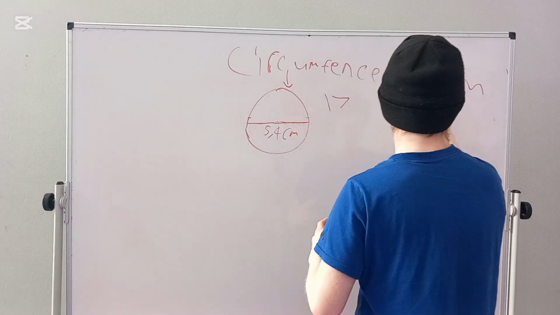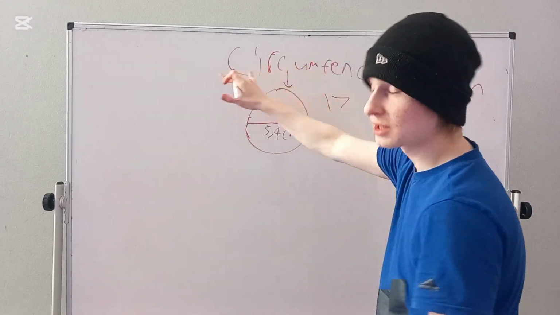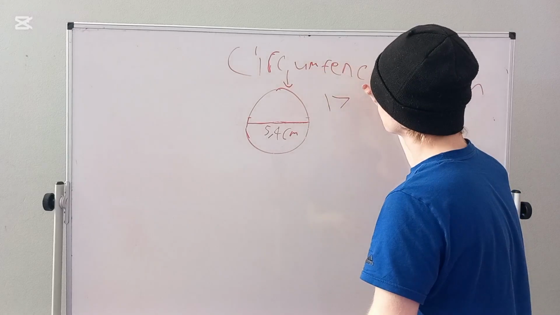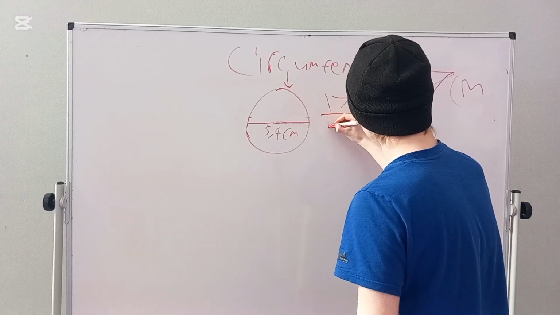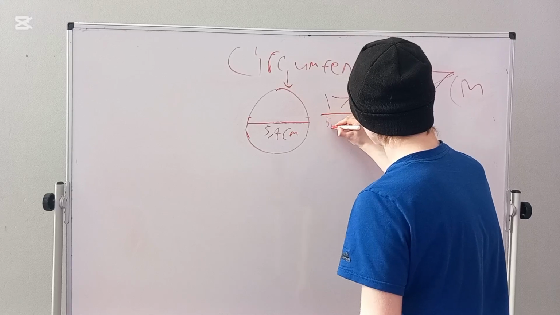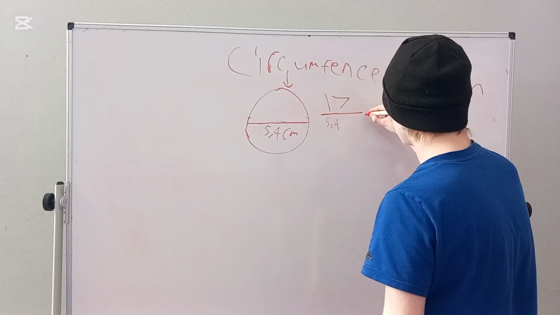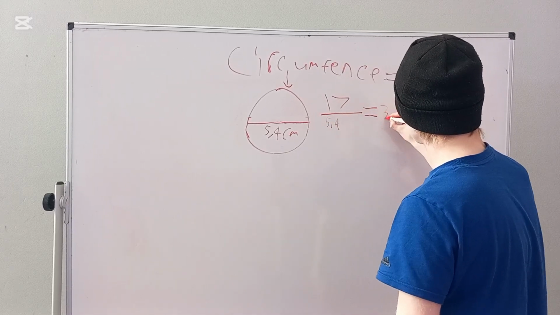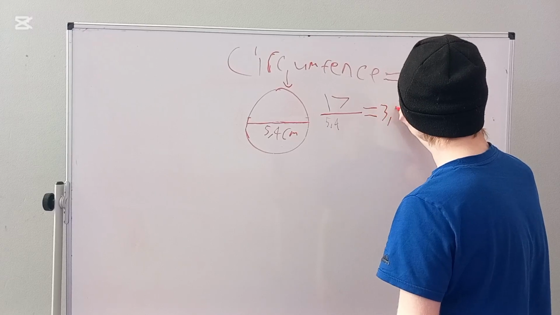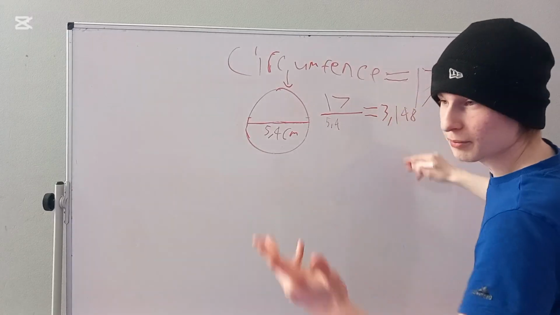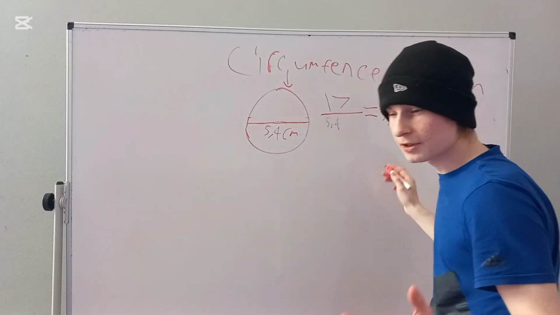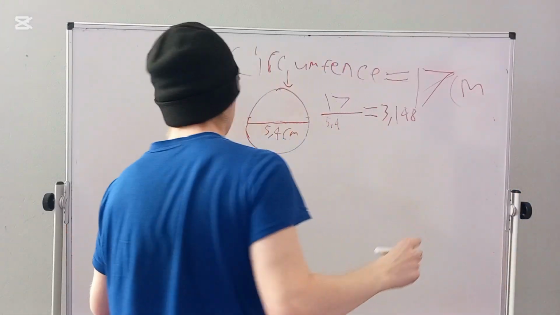So we get this 17. This word I still do not know how to pronounce, so we divide it by 5.4, and that gives us 3.14 and something more. I don't know every single one of those little numbers.